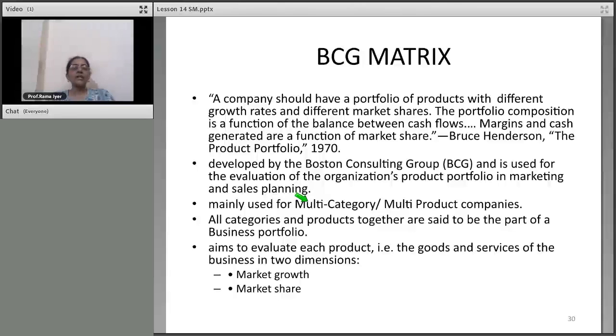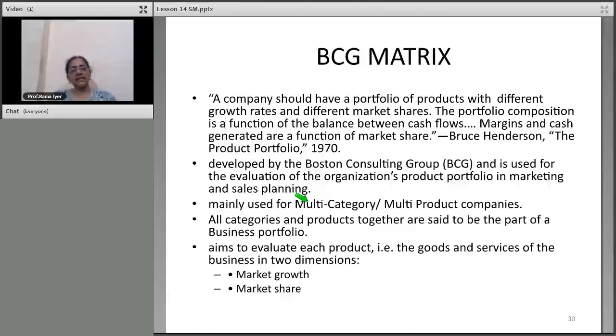Now the question is, it was developed by Boston Consulting Group, that is why it's called BCG, used for evaluation of the organization's product portfolio. Alright. It's mainly used for multi-category, multi-product companies. Multi-category also. So in soaps itself, you can have a premium segment and you can have a regular segment, isn't it?